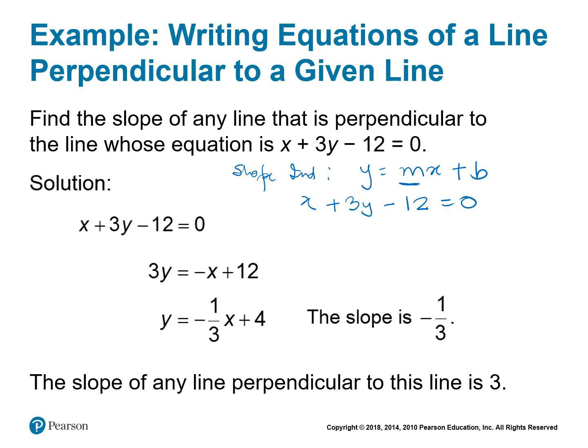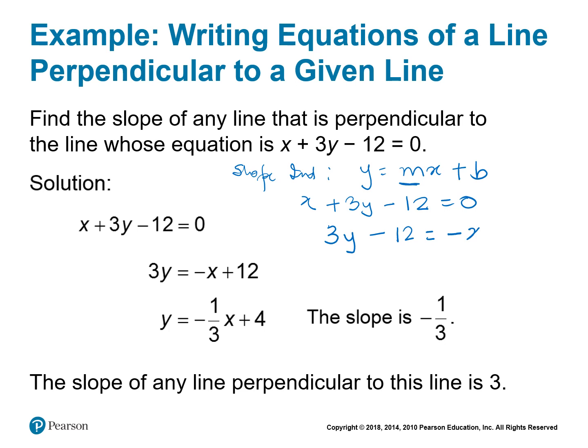So I want to keep the y by itself. So let's put the 3y here. I'm going to move the x over to the other side. So 3y minus 12 equals, if I move the x to the other side, it becomes a minus x.